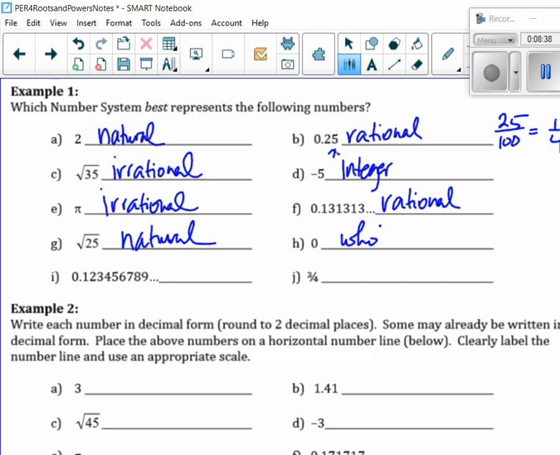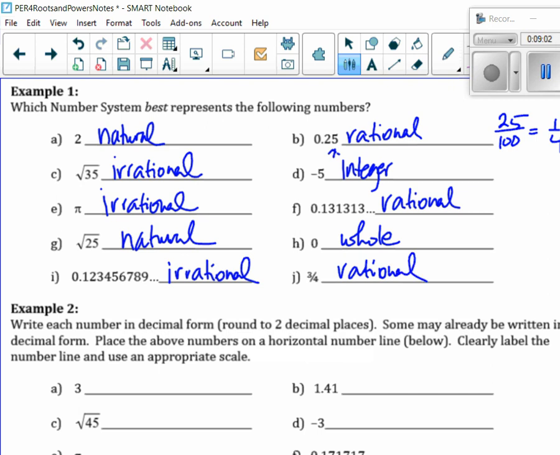Whole. 0.123456789. Yeah, there isn't really a pattern, although you might think because it's going up by digits, that's not considered a pattern per se, and it's going on forever. What about 3/4? Rational.